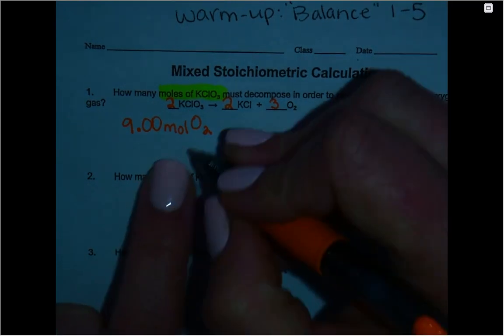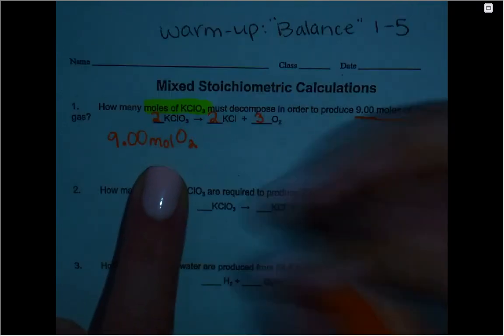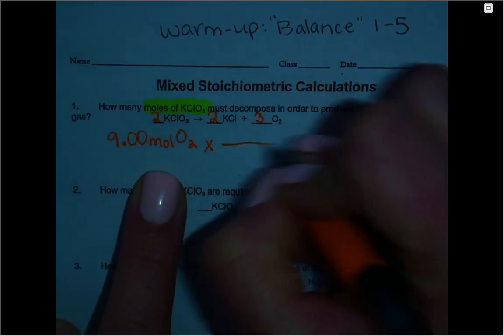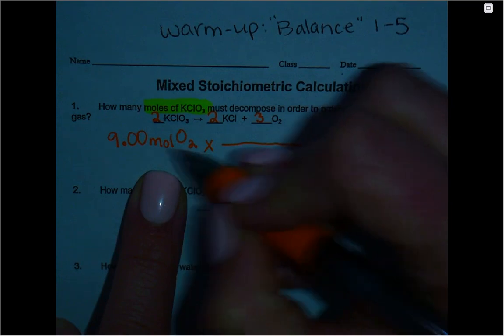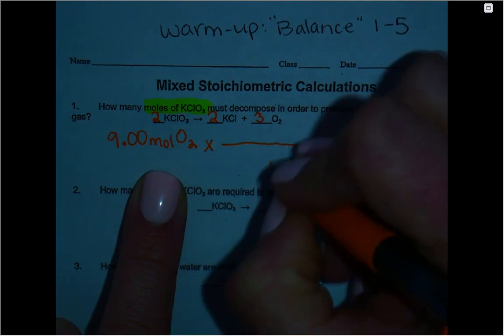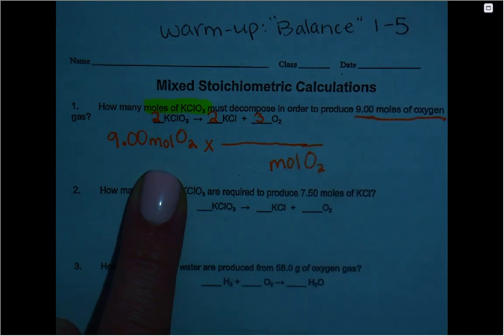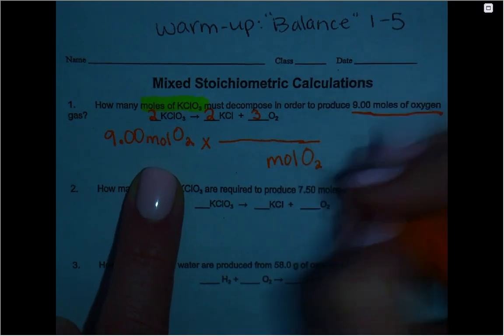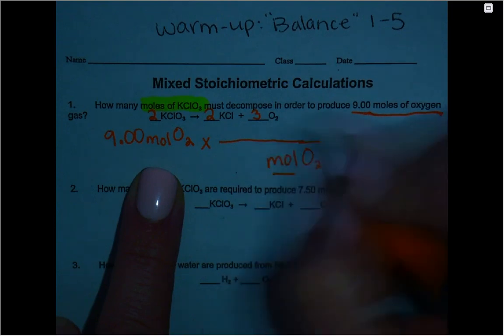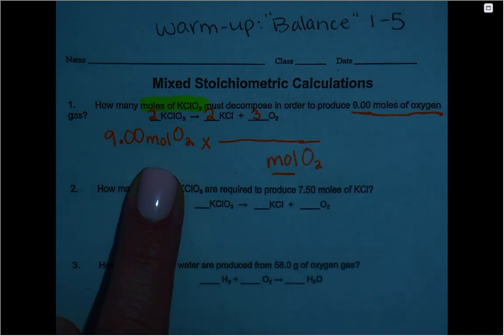So we already wrote down what we're starting at. I'm going to go ahead and say times in a line. I'm going to bring the word part down to the right. Okay, we have moles on the bottom. What does that tell you this step is probably going to be?